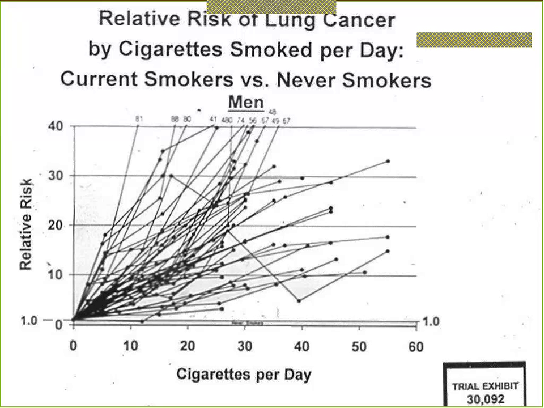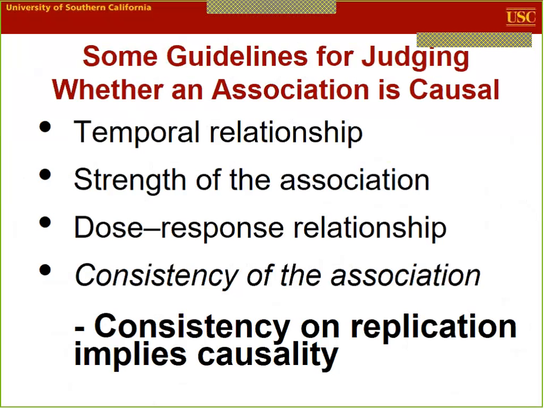This is sort of a swarm of lines, admittedly, but you can see that they are quite consistent in showing things going up. So a useful example of meeting three of the criteria.